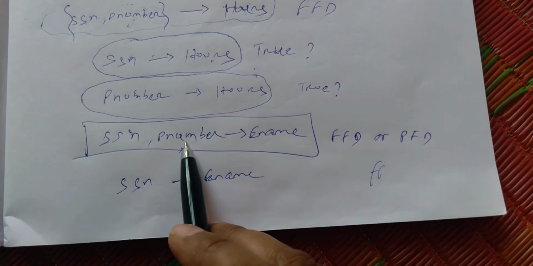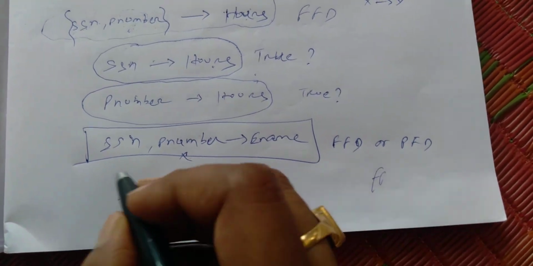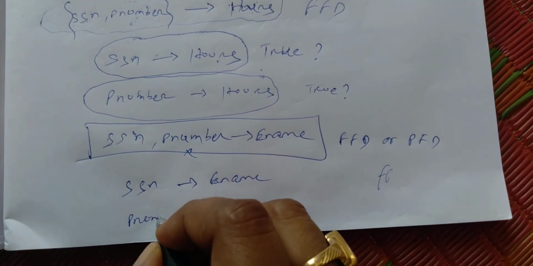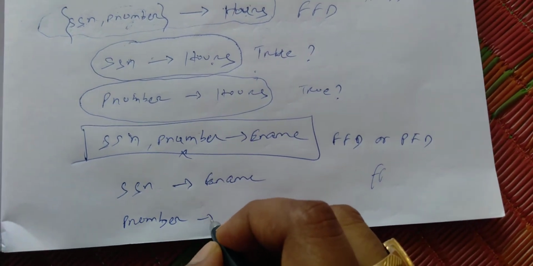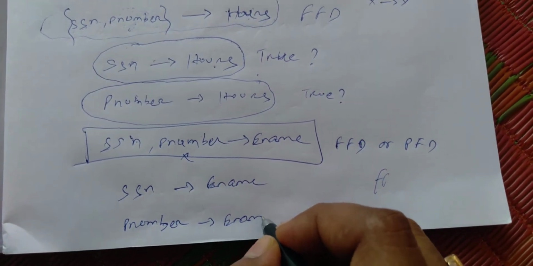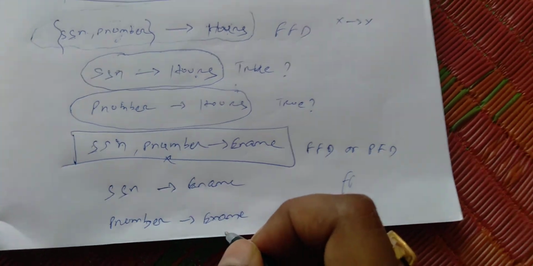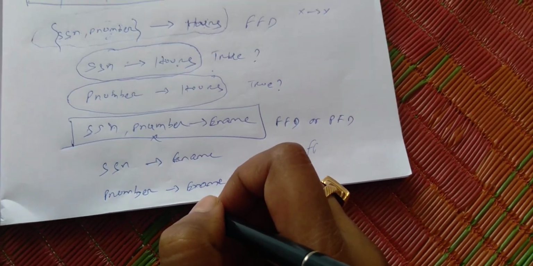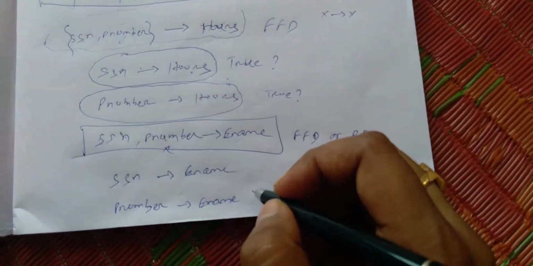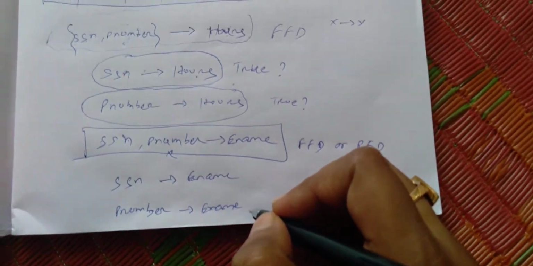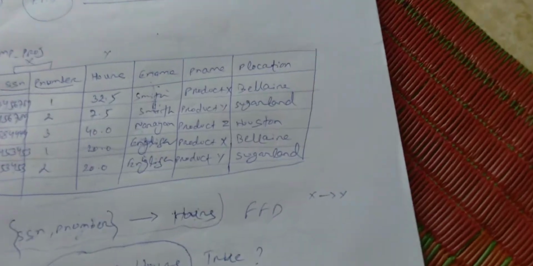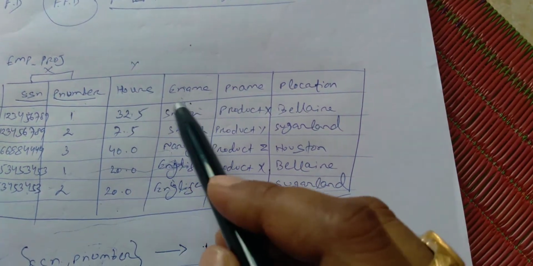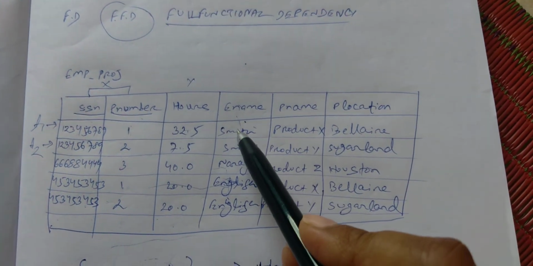Again you check for this one, that means you remove SSN from the combination, only P number and ename, whether P number and ename can determine this.